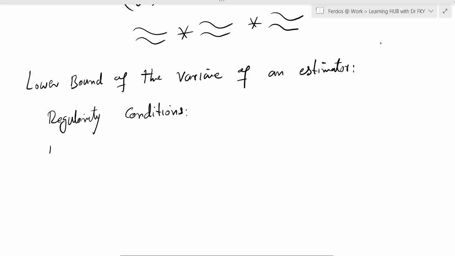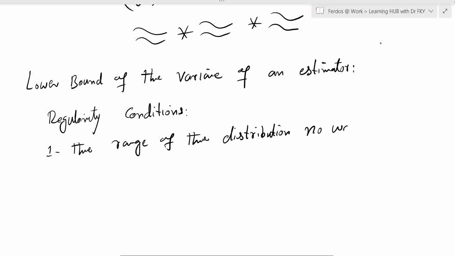Number one, the range of the distribution, this means the probability distribution of course, nowhere depends on the parameter.